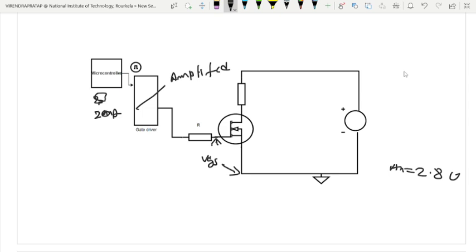Basically the gate driver circuit is an amplifier.